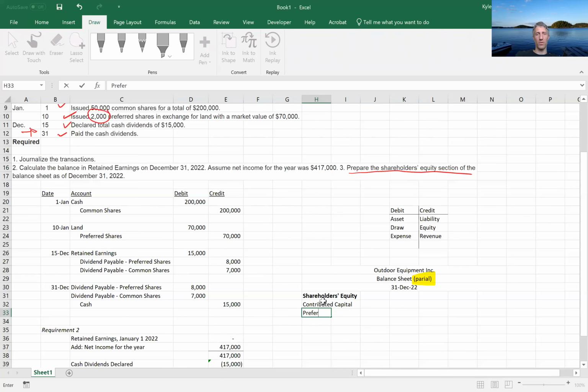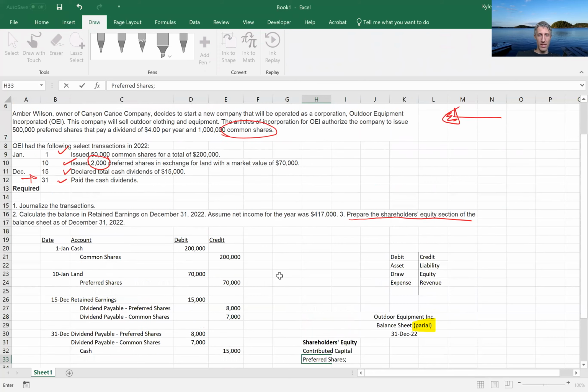And we're going to start with preferred shares first because, well, of the liquidity preference. So it's typical or quite standard to list preferred shares above common shares just to indicate that they need to be paid dividends first, but in the event of bankruptcy, any residual assets are allocated first to preferred shareholders.